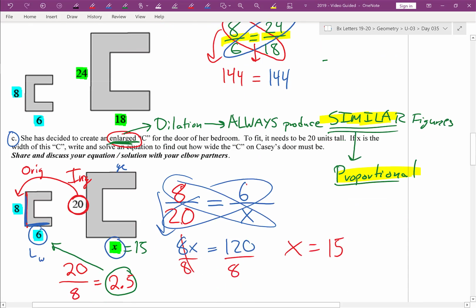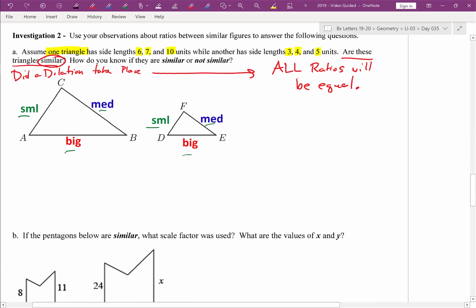That should happen with every single side in these triangles. It has to be all of them. They all have to get affected by the scale factor. They all have to have the same multiplier, the same scale factor. When they have that, that's called proportionality, that everything changes the same way. And that's how we'll decide if they're similar or if they're not.